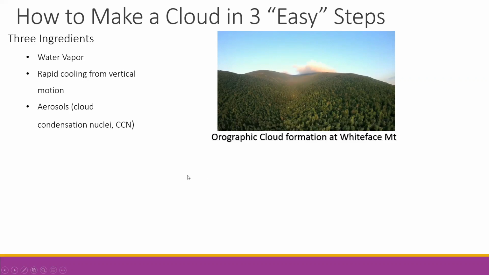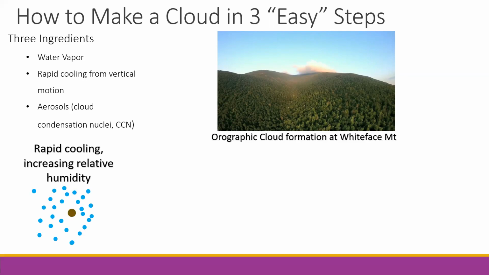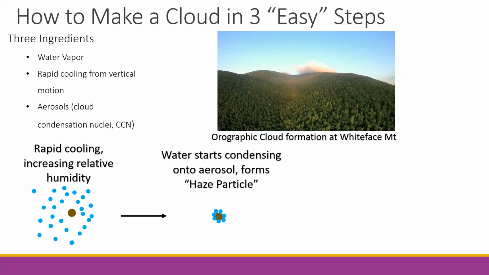However, it's really important to point out that there is not enough water vapor in the atmosphere for these clouds to form cloud droplets at the sizes that we see. So a third critical component here is aerosols, or in this specific case, cloud condensation nuclei. The way they play a role is that you have your rapid cooling that increases the relative humidity, and the aerosols can act as a seed, which lets the water start condensing onto the aerosol at much lower relative humidities.